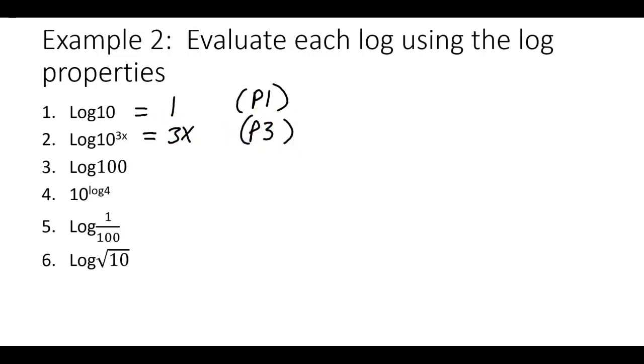Correct me if I'm wrong in the properties. Okay, thanks. I'm going to come back to number 3 here in a second, but let's take a look at 4. So 10 to the power of log with a base of 10 is just going to be whatever comes after the log there, so the answer is 4. That's property, I think that was 4.